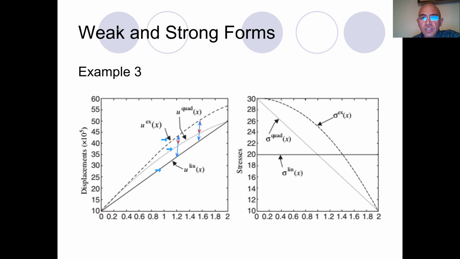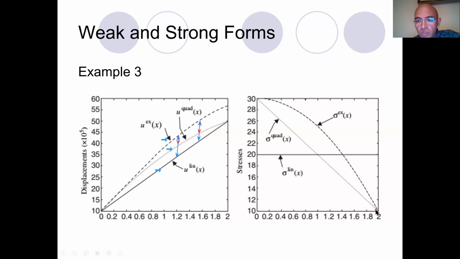So let's look at the stress. Now, if we look at the stress, the dashed line is our exact solution of the problem. In the linear case, as you see, the stress is constant over the domain. Sigma is constant, and it's 20. But for the quadratic approximation, as you see, it linearly changes from 30 to some value.